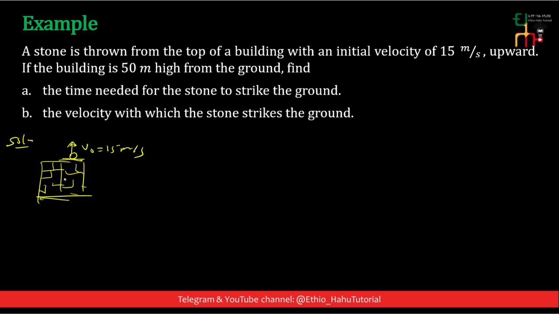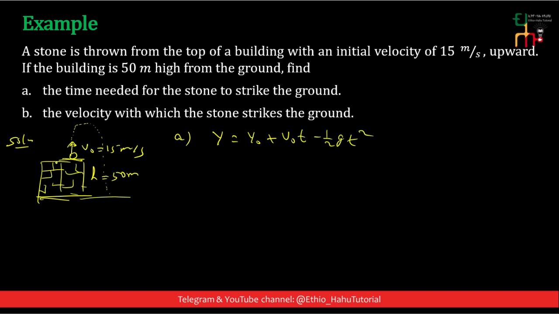The building height is h equal to 50 meters. Then the particle moves up and comes to the ground. How long does it take to strike the ground? A: y is equal to y0 plus v0 times t minus half g t square.